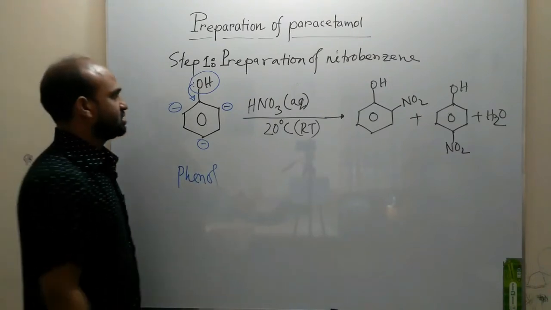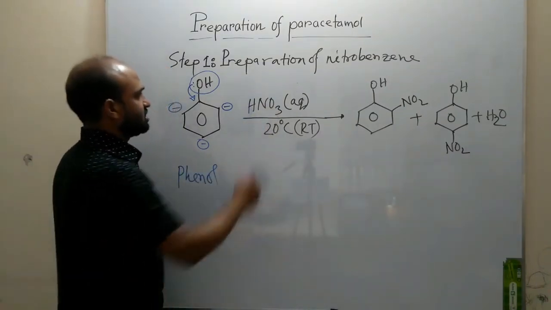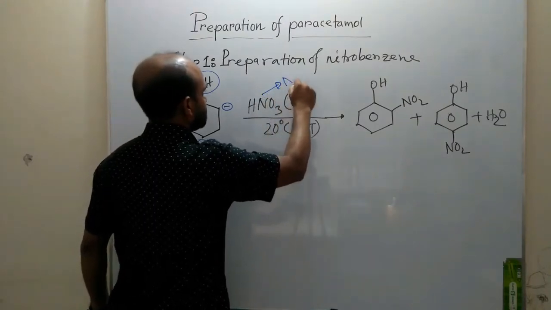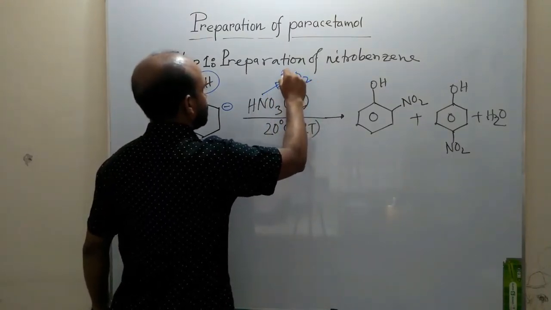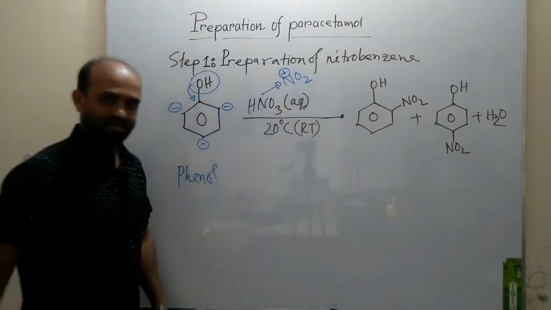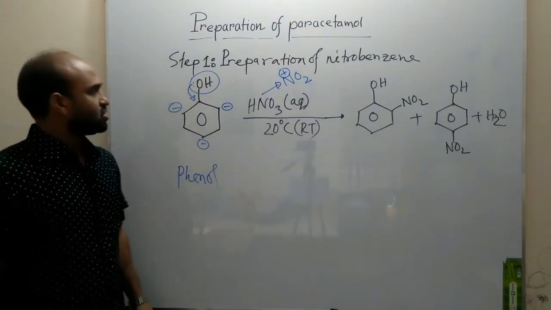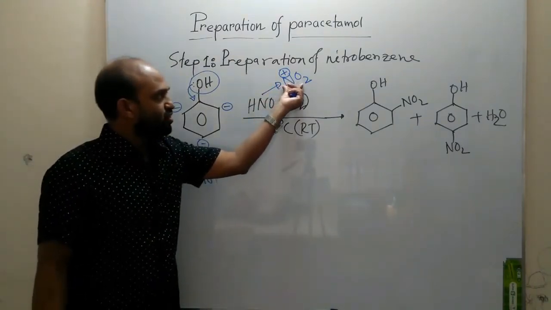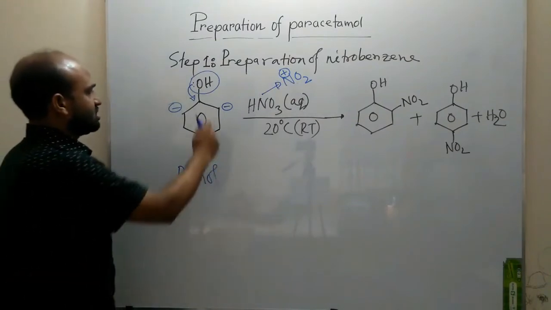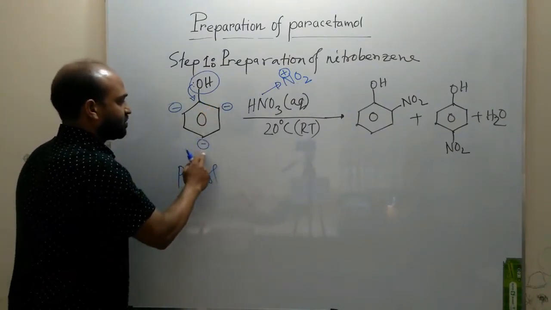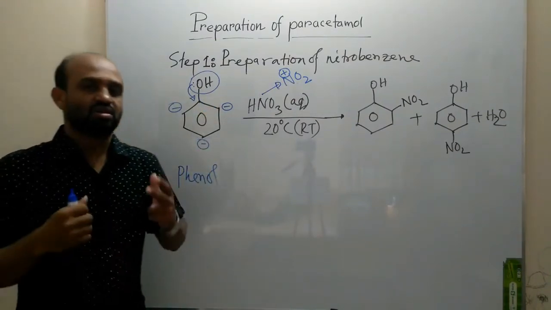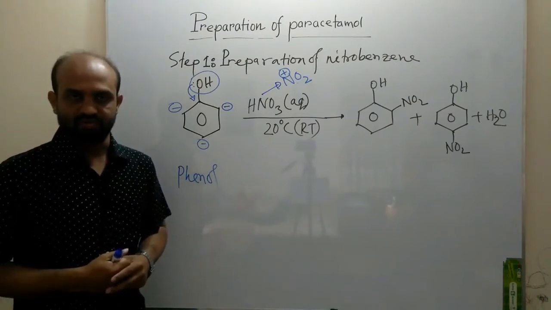Number 2 point is aqueous nitric acid produces nitro group as electrophile. So this electrophile will attack the ortho position and para position and compounds will be formed.